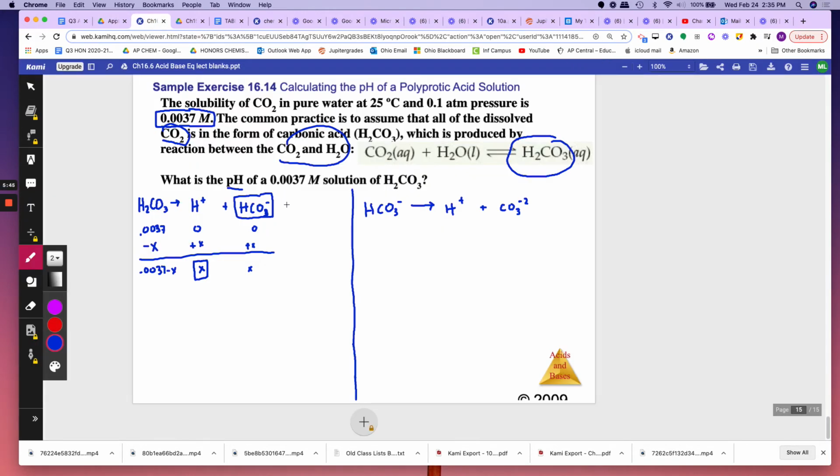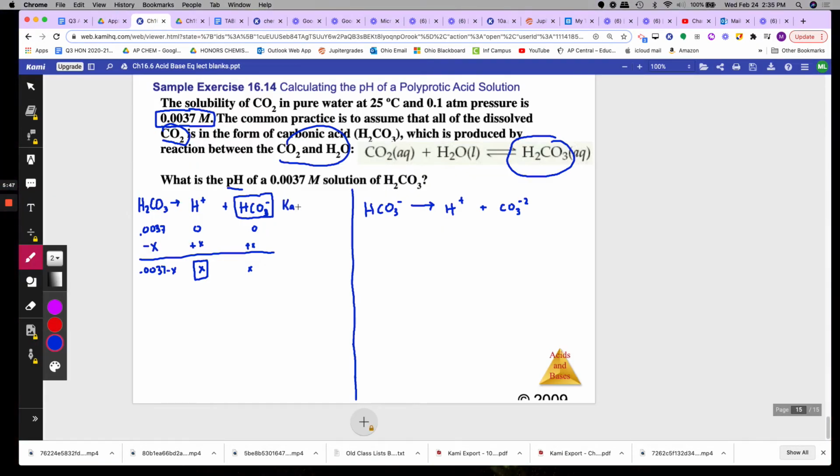So this is Ka, which is equal to 4.3 E negative 7. Okay, so Ka is equal to H plus, HCO3 minus, and H2CO3.